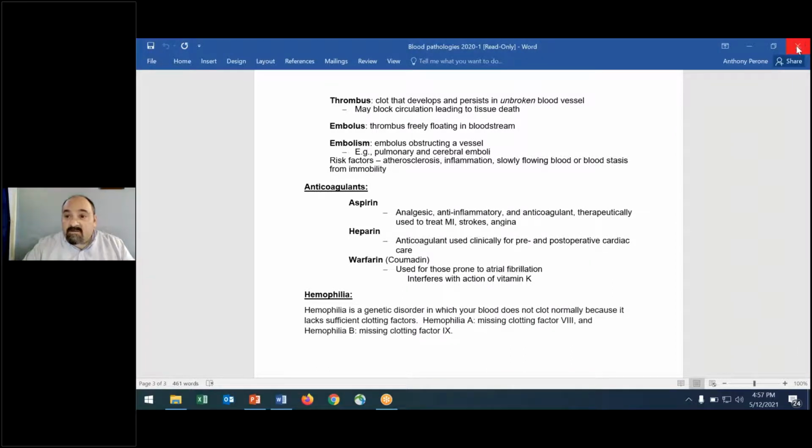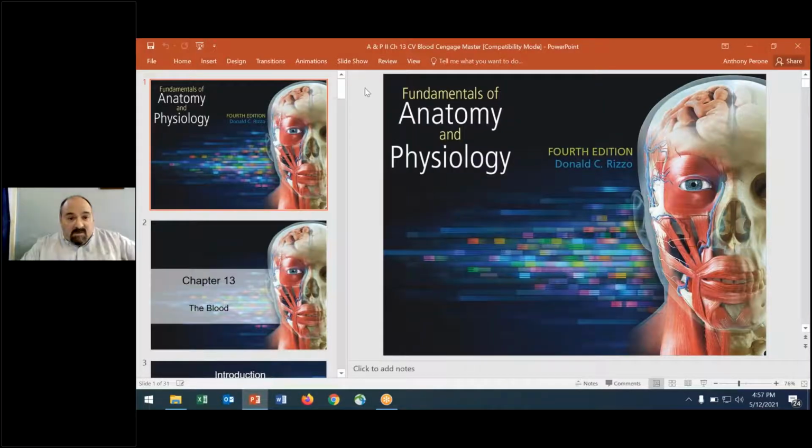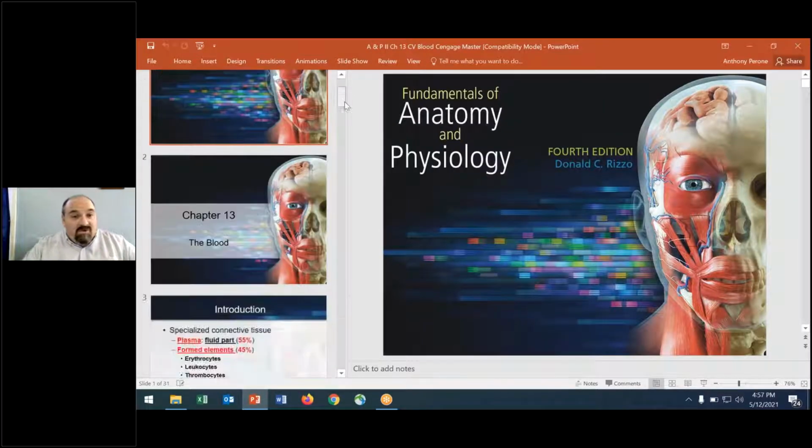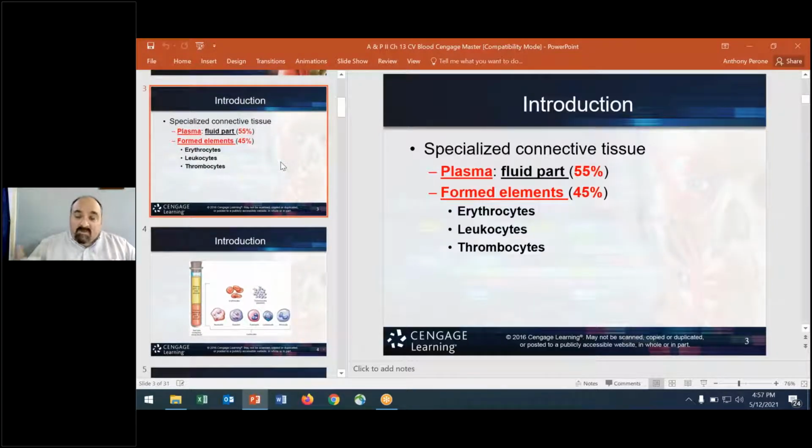And good enough there. And let's go then to having an understanding also regarding the components of the blood and what's comprised of the plasma, what's present within the plasma.